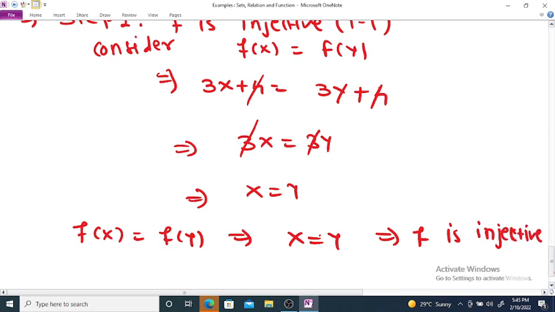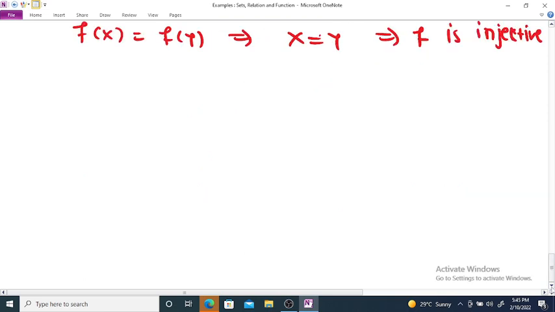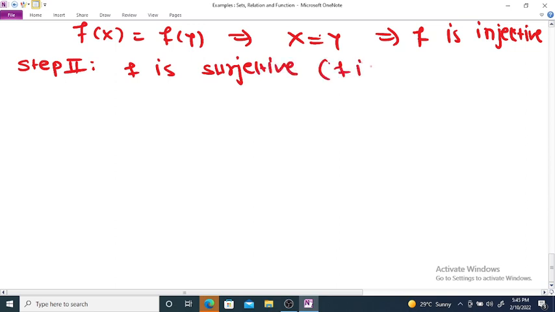Now next we want to show that f is surjective, that is step number 2. f is surjective, that is, f is onto.